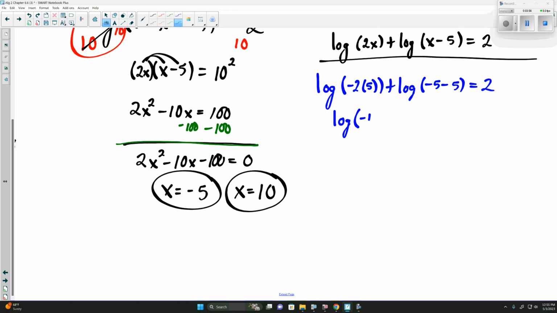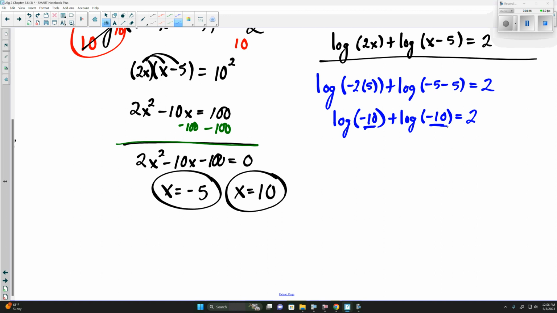Now negative 2 times 5 is negative 10. And negative 5 minus 5 is negative 10. And one of the things we did say about logarithms is when we plug a number back in, I cannot have a negative inside of the log.